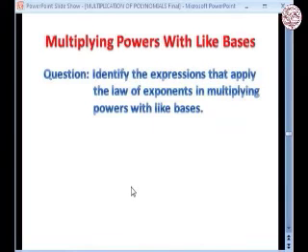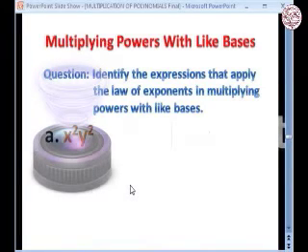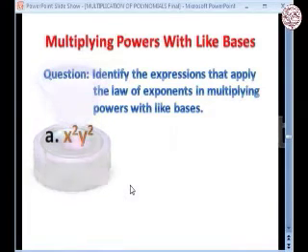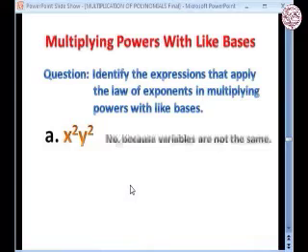Identify the expressions that apply the law of exponents in multiplying powers with like bases. Letter A. What do you think will be your answer? Can we apply the law of exponent in multiplying powers with like bases? The answer is no, because the variables are not the same. We have two variables here, the x and the y.